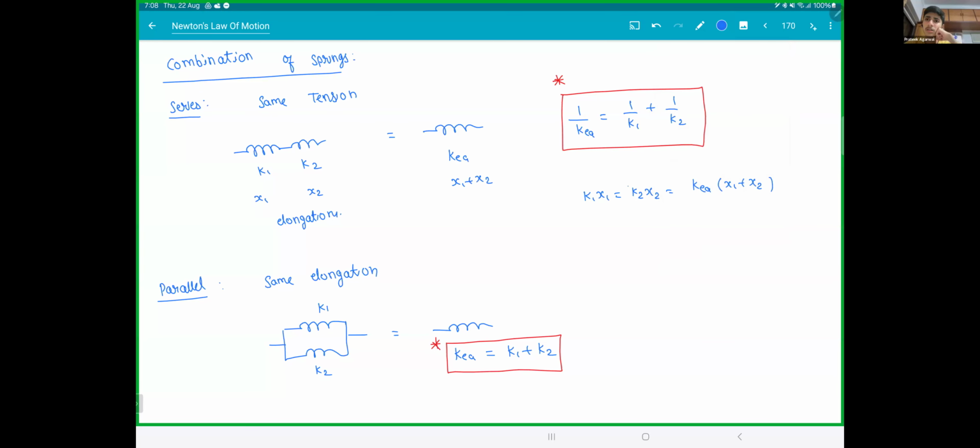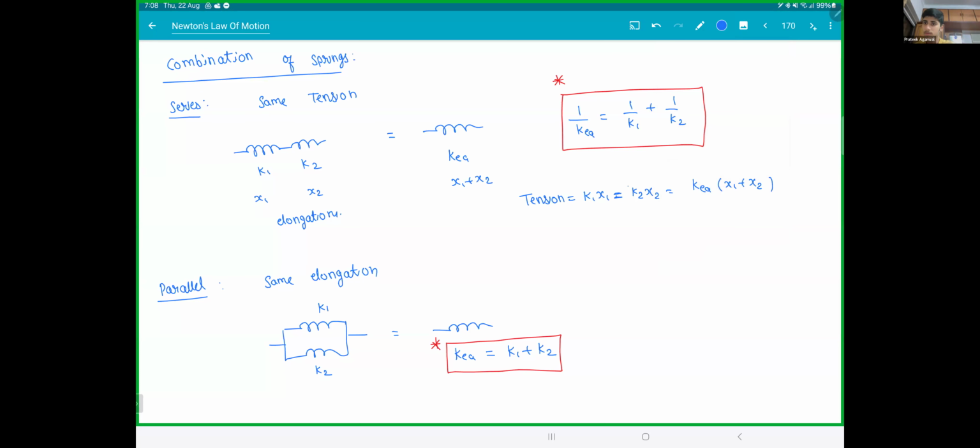Sir, where you have written the formula for 1 upon K equivalent, just below that, K1 X1 plus K2 X2, right? Or will it be equal? That is equal to it. All have the same tension. Okay, tension. That has nothing to do with this. That's a different formula. Okay.